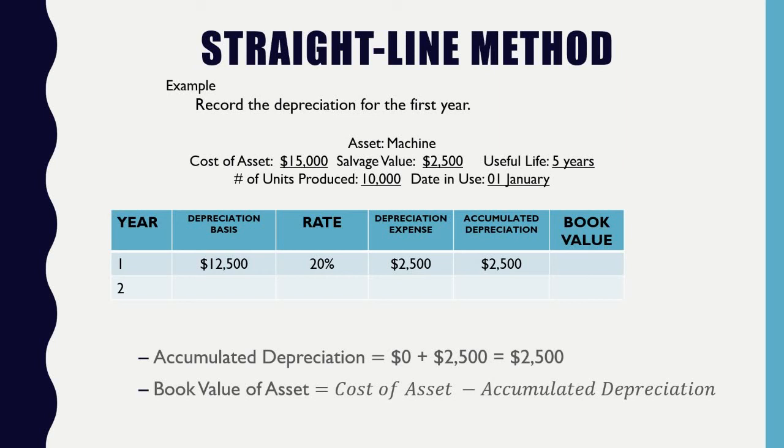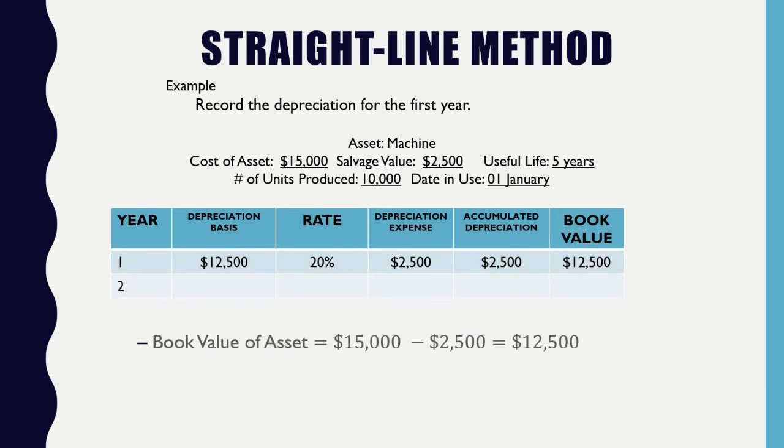There are no previous years. And of course, we need to solve for our book value. So 15,000 minus 2,500 will get you 12,500. Okay? And again, so on and so forth.